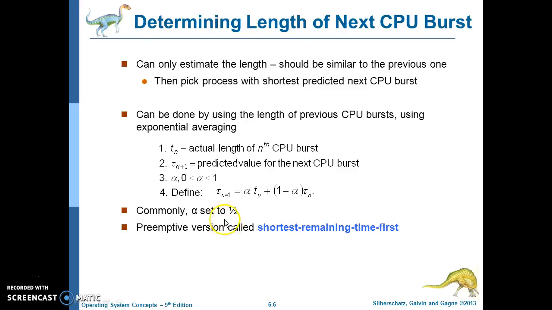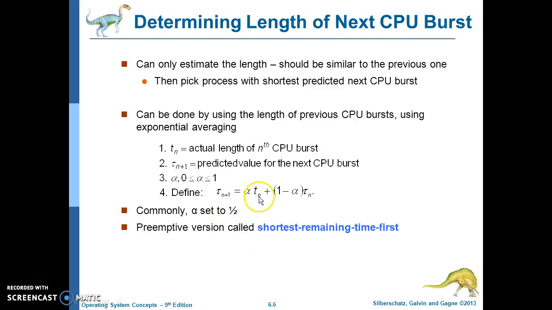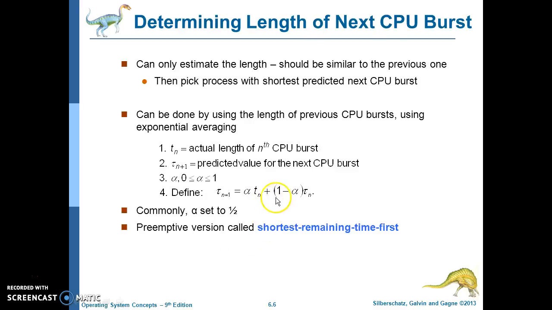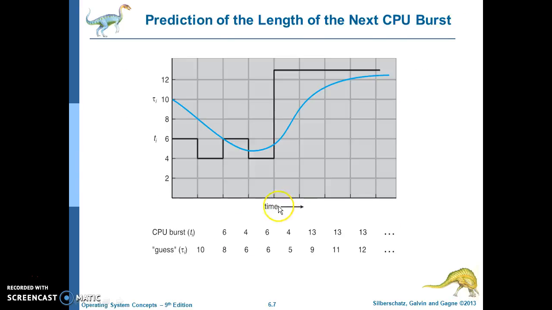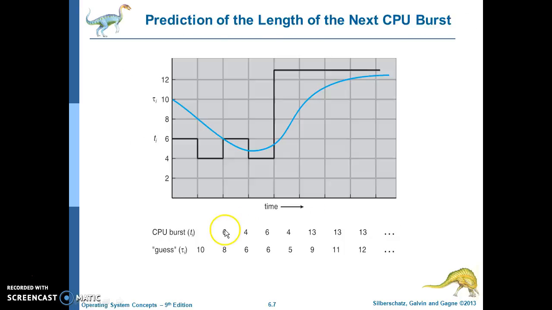Based on the formula, tau of n plus 1 equals alpha into Tn, where Tn is the current burst, 6, plus 1 minus alpha into tau n, where tau n is 10. So half into 6 plus half into 10, that is 3 plus 5, which is 8.